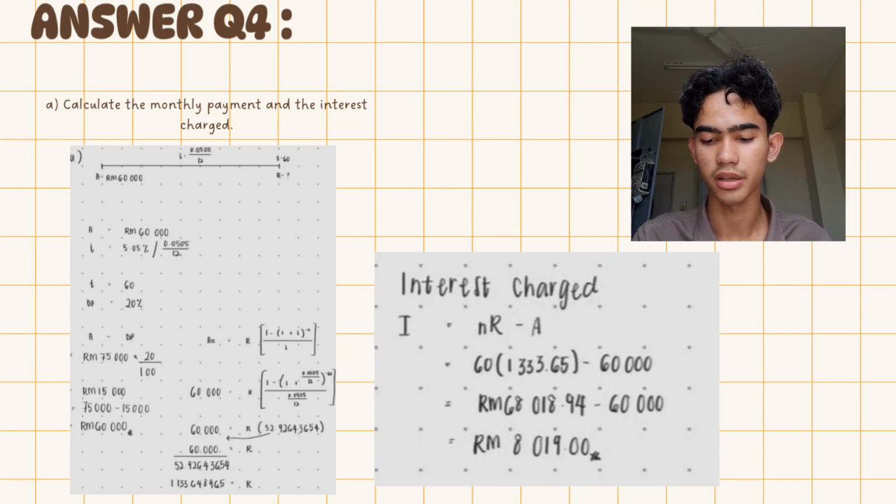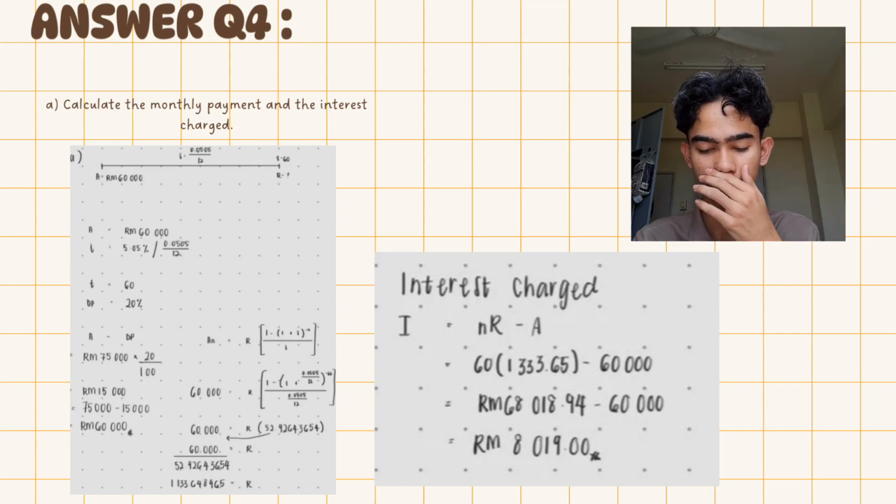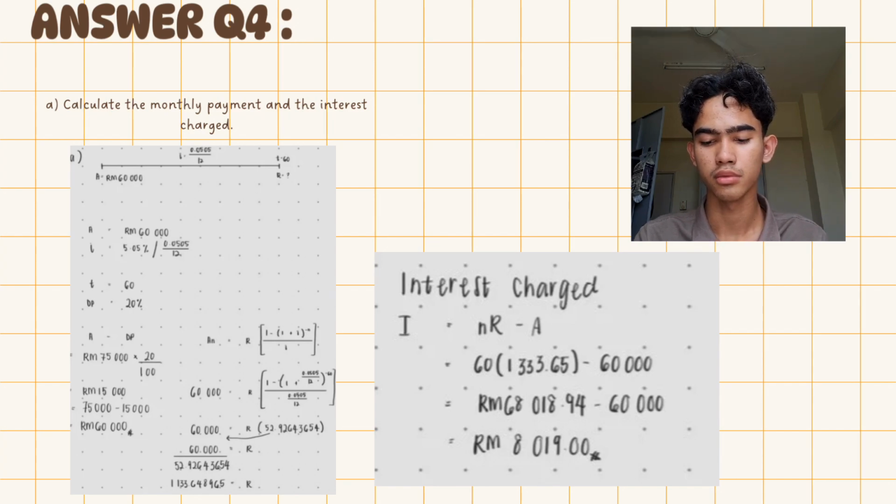Calculate inside the bracket first, then we will get 60,000 equivalent to 52.92643654 R. And then by transferring the R to the back and 60,000 to the front, we will get R equivalent to 60,000 divided by 52.92643654. Calculate, and then our R will be RM 1,133 ringgit and 65 cents.